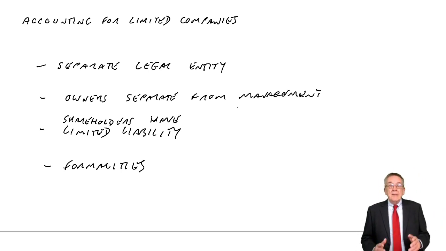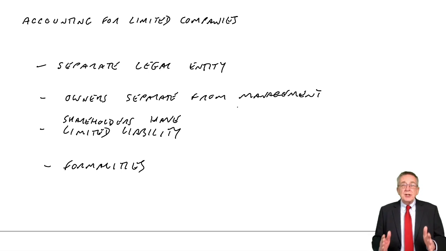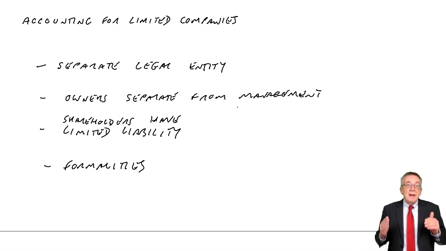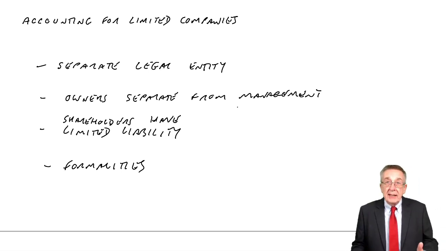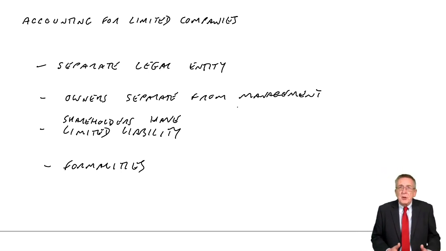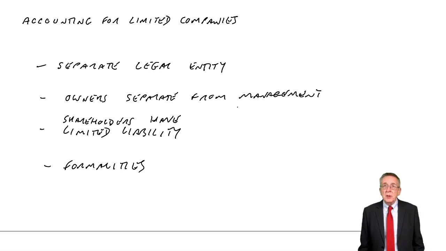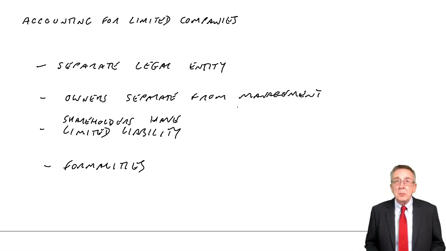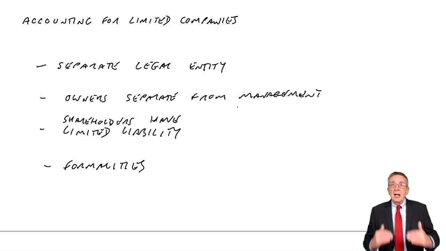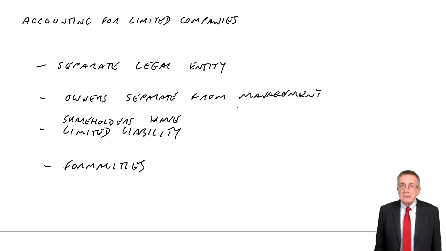However, for the statement that's actually sent to shareholders and filed with the state, we don't want to give too much detail because anybody can look at it. We don't want our competitors, for example, to see every single item of expenditure.